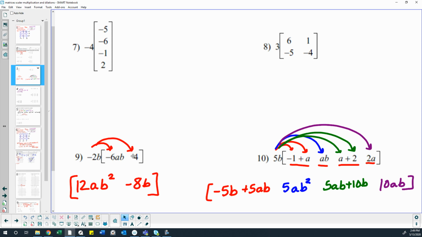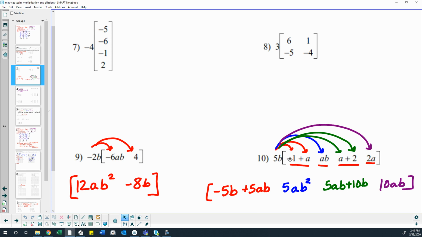Negative 2 times positive 4 is negative 8, and then the 4 doesn't have any variables, but we still have the b on the negative 2, which means our answer will include that b. If there were another b, then we would, of course, have a b squared like we did in the first part.